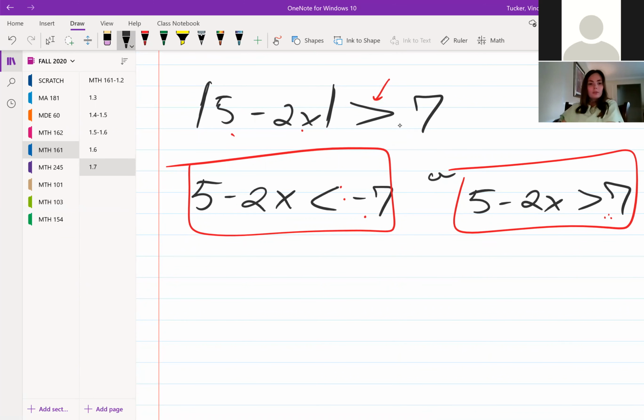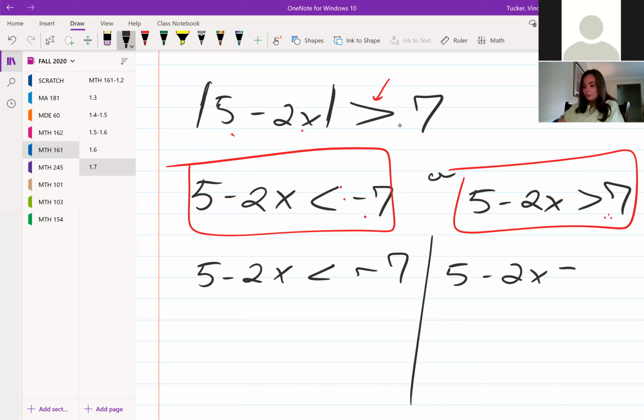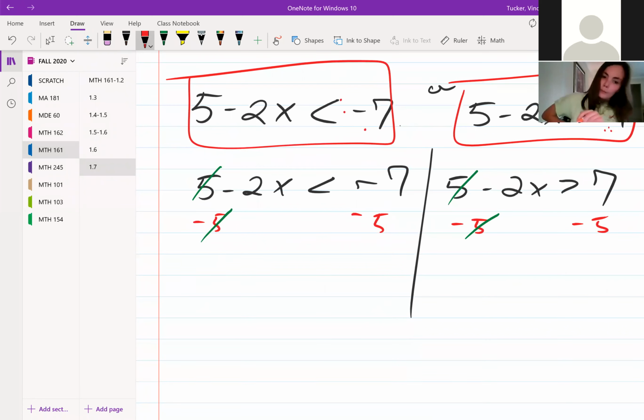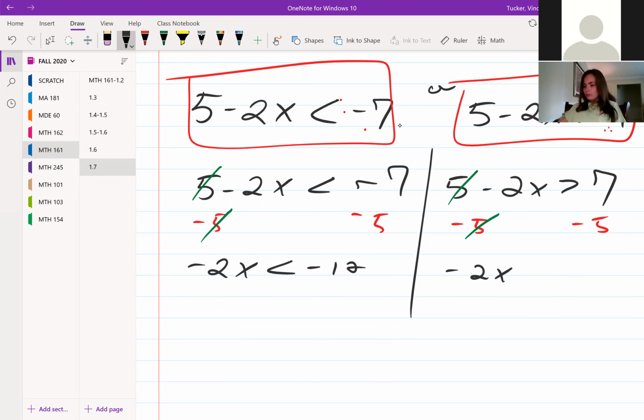All right, so go ahead and solve your inequalities. Subtract 5 from both sides. So that's negative 2x less than negative 12, negative 2x greater than 2.